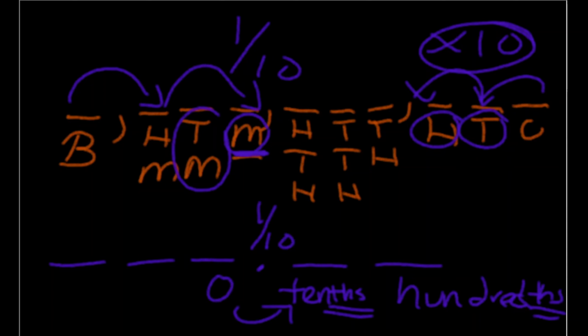The tenths place is 1/10 the value of the ones place. Or if I was going to the left, the ones place is 10 times the value of the tenths place.